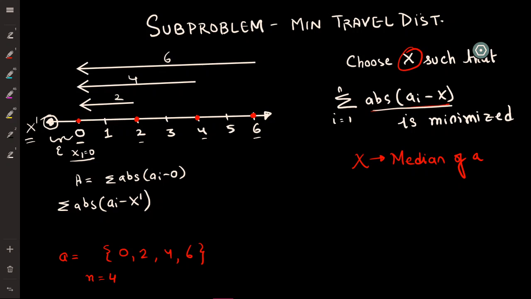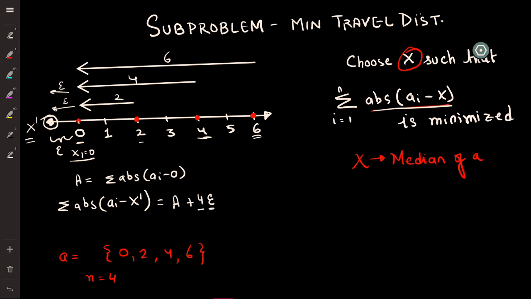Let us visualize each point individually. 0 was traveling 0 distance, now it has to travel epsilon distance more. 2 was traveling 2 distance to reach 0, now it has to travel epsilon more. Similarly 4 and 6 each travel epsilon more. So this value is a plus 4 epsilon, because there are 4 points and each has to travel epsilon distance more than when they were reaching 0.